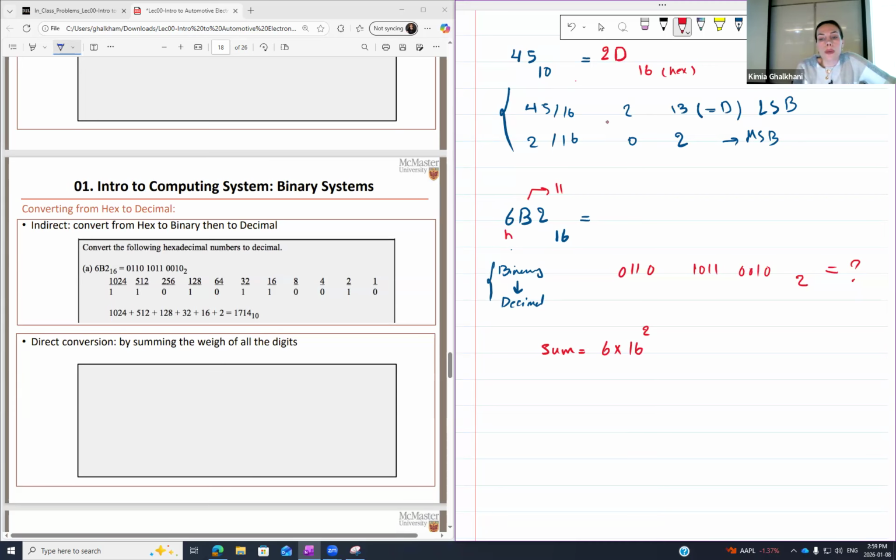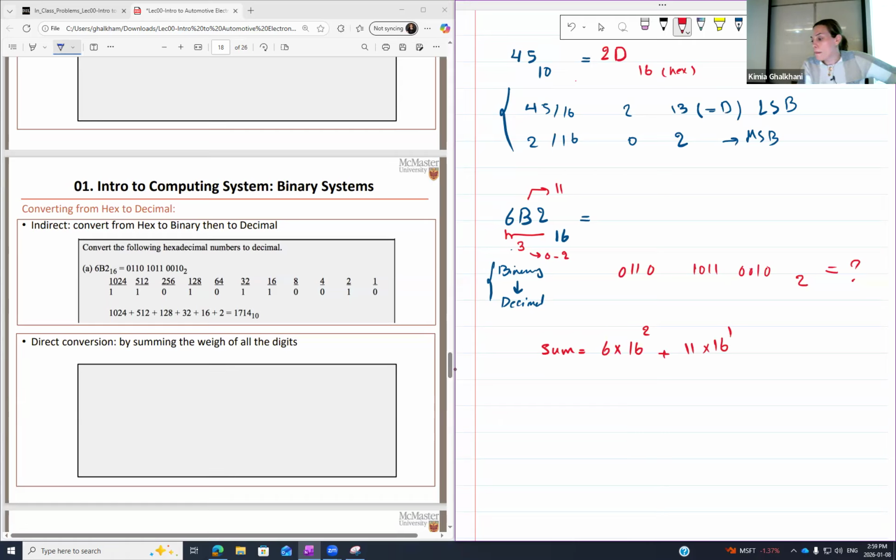Why 2? Remember, if I have 3 numbers, I start from 0 and stop at 2. That's why 16 to the power of 2. Next, B. I cannot say B times 16 to the power of 1. How do I say it? I already said B is equal to 11. So I say 11 times 16 to the power of 1.